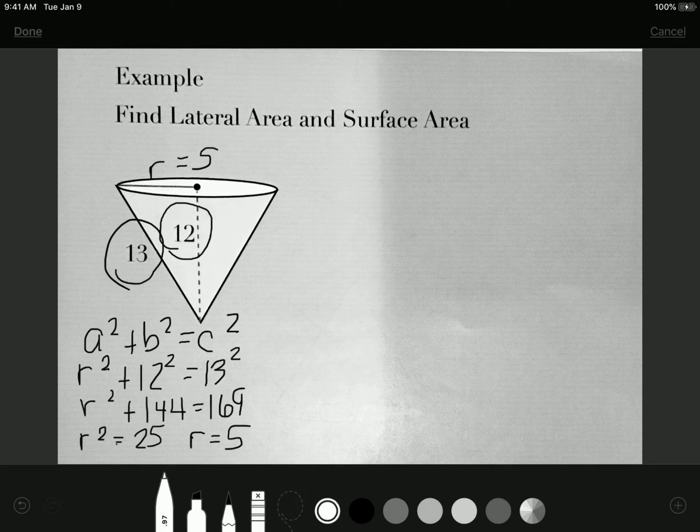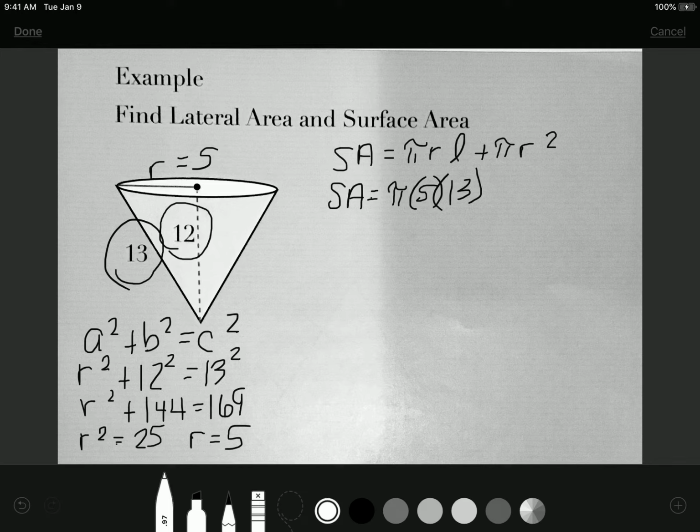Using that information, now we can take our surface area formula, which we just said was pi r L plus pi r squared. So if we plug in all of our information, we have pi times 5 times 13 plus pi times 5 squared.